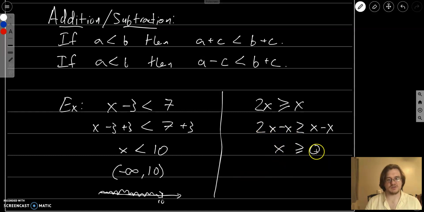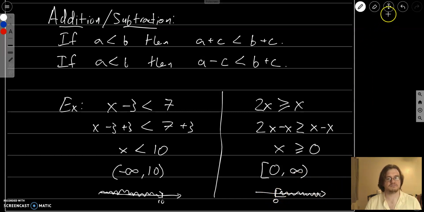Again, if I'm looking at every number that's greater than or equal to 0, it'll be 0 on up, so everything above 0, including 0, because it could be equal to it. So I'll have a square bracket there. And again, in picture form, if we have 0, this will be everything greater than 0.